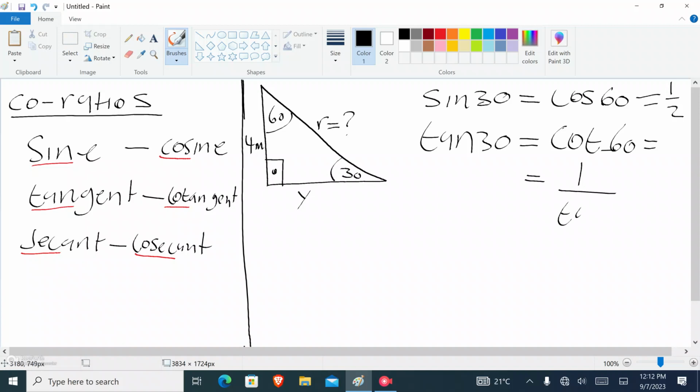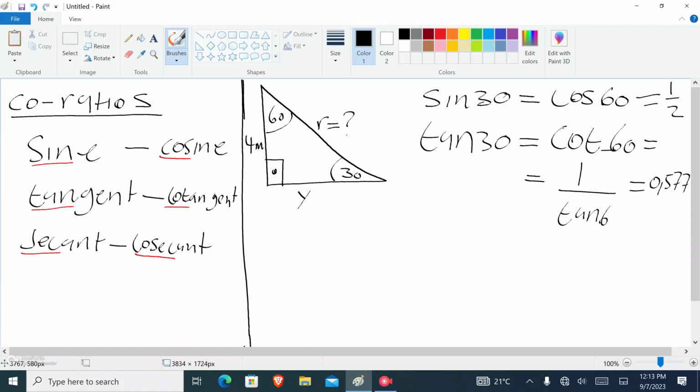You're going to write this one over tan 60, but it's still going to give you the same thing. So what is tan 30? Tan 30 is going to give you, hopefully it's not much of a big number, 0.577. Yes.